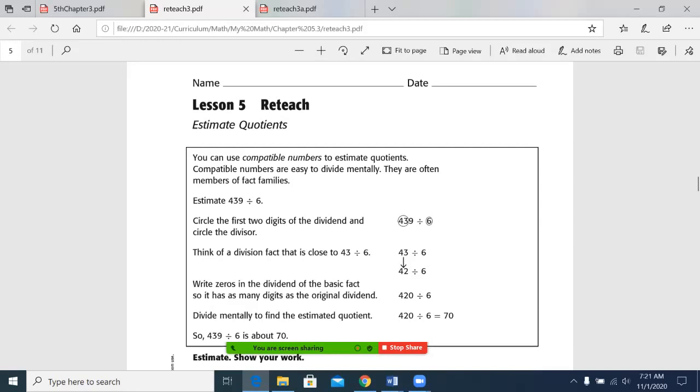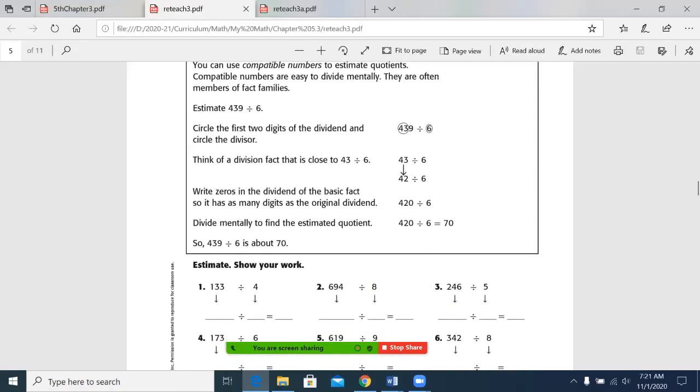Well, if I remember my multiples of 6: 6, 12, 18, 24, 30, 36, 42. 42 is probably pretty close to 43. So I'll use 42, and because there's 3 digits, I have to make sure there's 3 digits. So I'll put a 0 there. So it's 420 divided by 6. That would now allow me to go 42 divided by 6 is 7, and there's 1 zero.